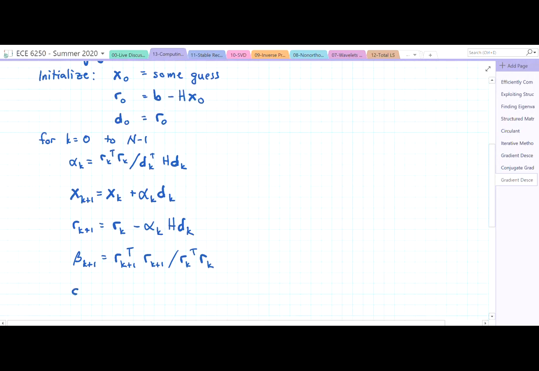And finally, we update our new direction as r k plus 1 plus beta k plus 1 dk.